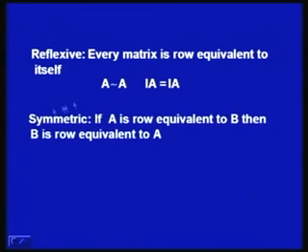Then the relationship is symmetric. By this I mean to say if A is row equivalent to B, then B is row equivalent to A. Now, the proof of this is simple.